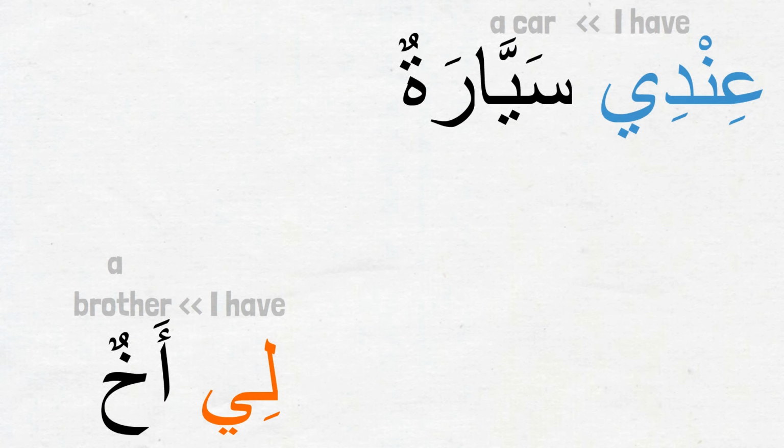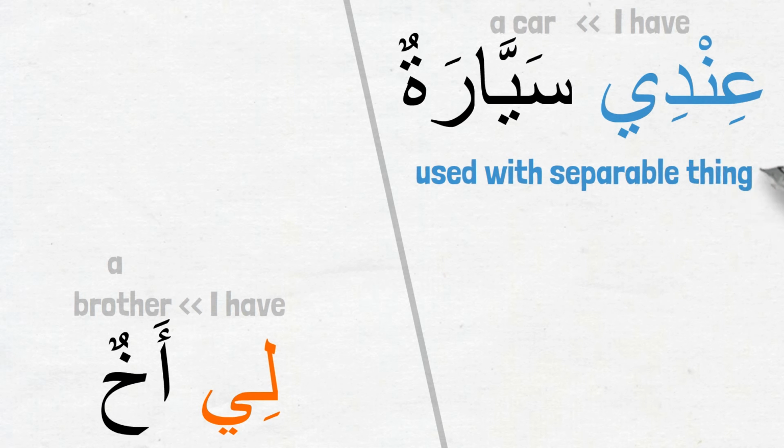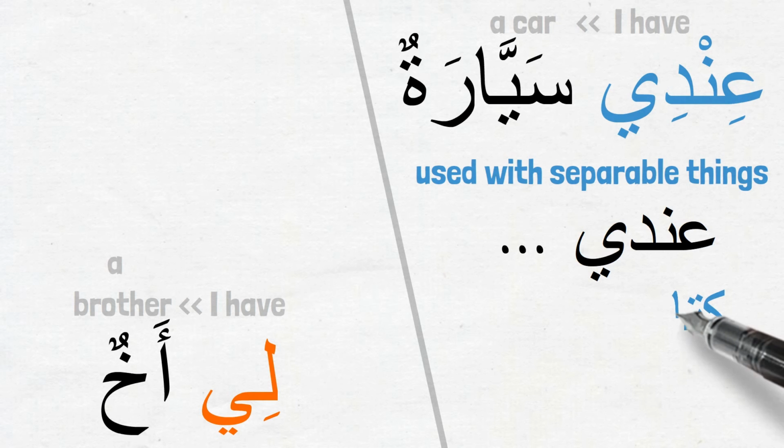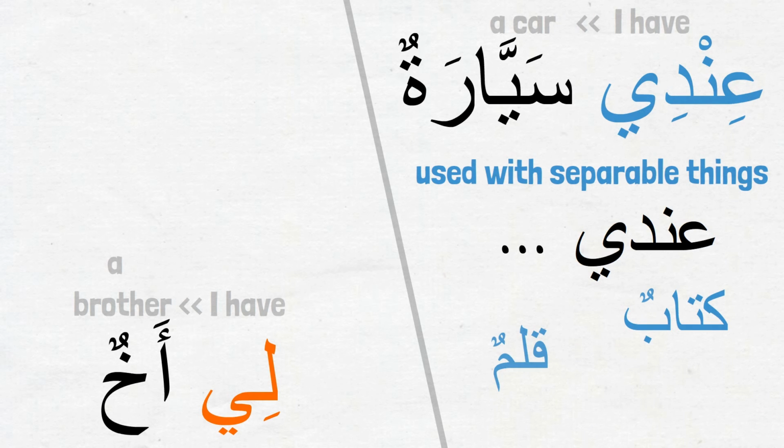But there is a key difference in usages of these two words in such context, and that is, inda is used with things that are separable. For example, I can say, Indi sayyaratun, kitabun, qalamun, darrajatun. All these things I listed, I may have them today and may not have them tomorrow, so they are not forever mine.